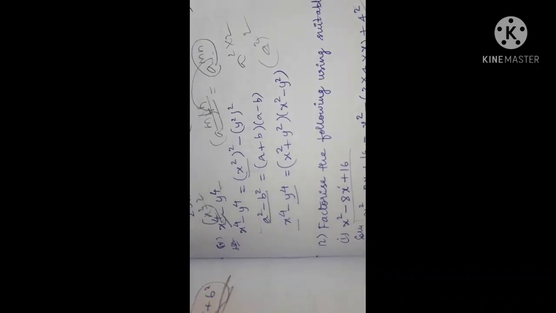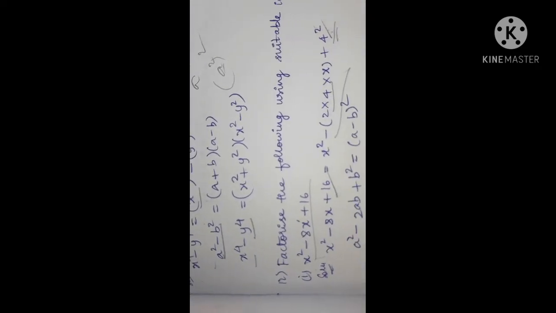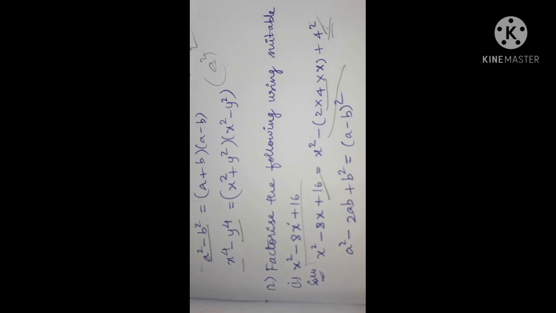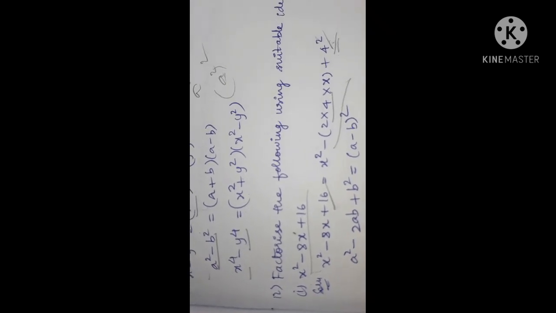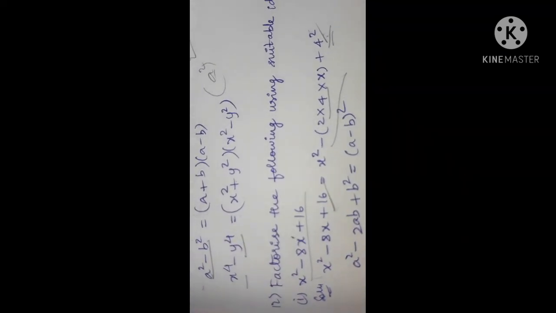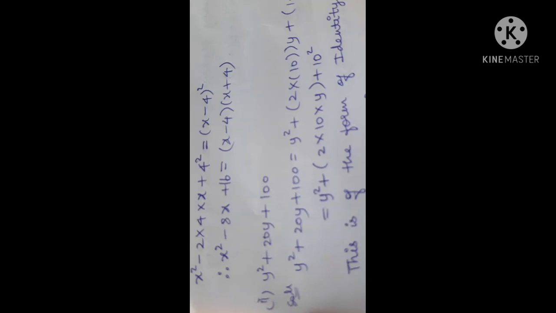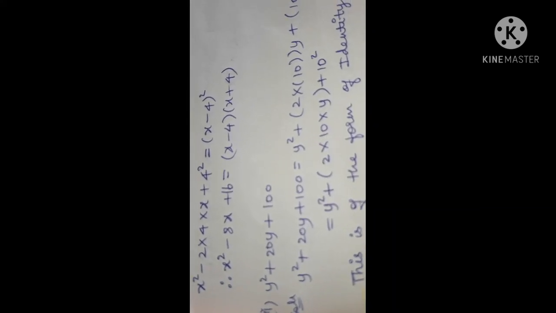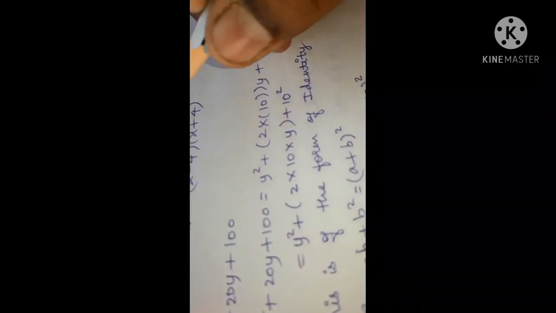The sign is minus, so it will be (a minus b) whole square. So a square minus 2ab plus b square means it is (a minus b) whole square. We'll write the expression as x minus 4 whole square. That is, x square minus 2 into 4 into x plus 4 square equals (x minus 4) whole square.